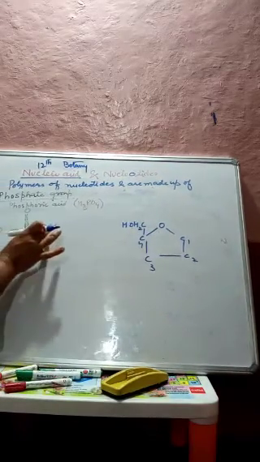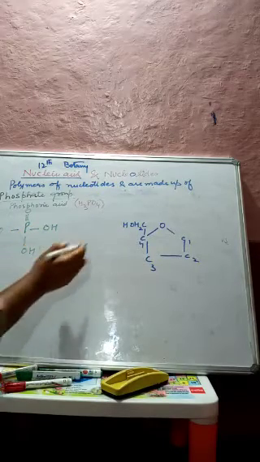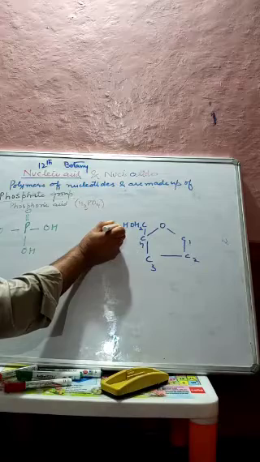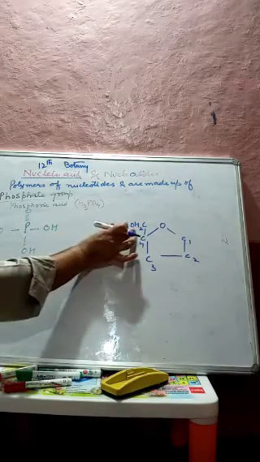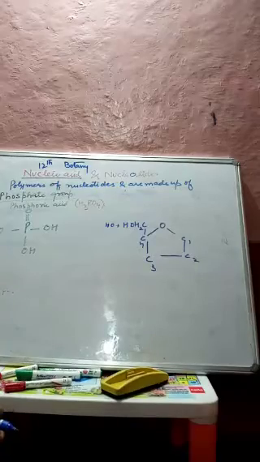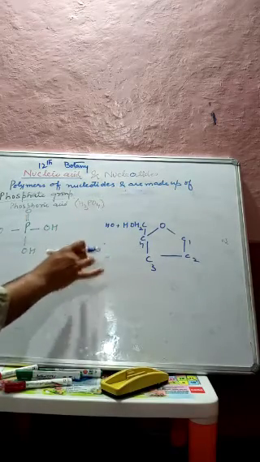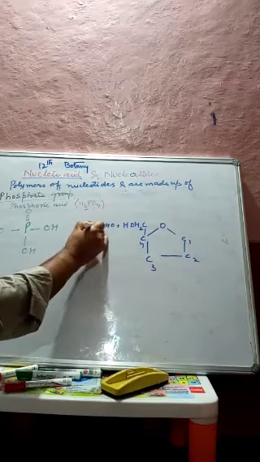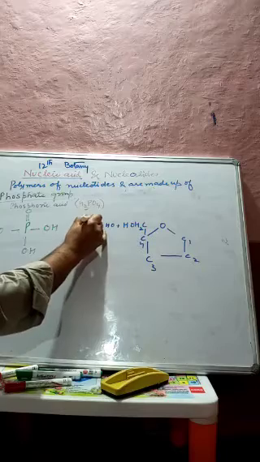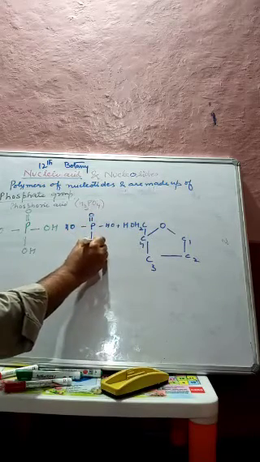Now, one of these hydroxyl groups bonds with this fifth carbon of the pentose sugar, and the structure becomes like this. Then it is P like this, OH and OH.